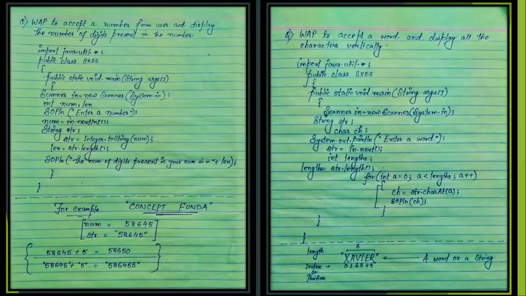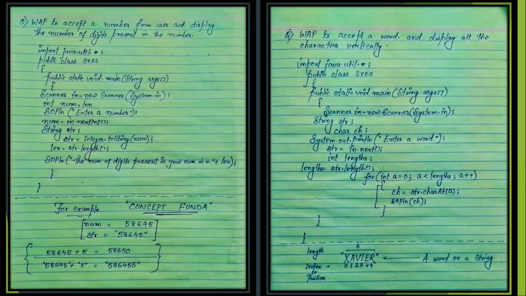Okay, after that, int lengths. This is a variable, and the name of the variable I have utilized over here is lengths. Why not length? Because length is a keyword. Well, .length is a function, though length is not a keyword, still I have utilized lengths so that no confusion arises over here.